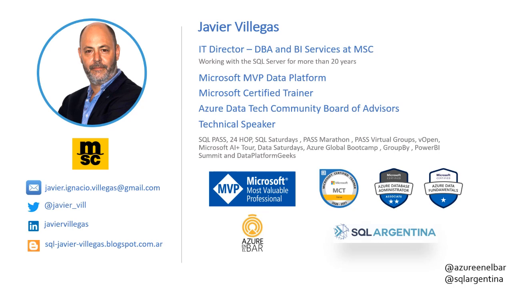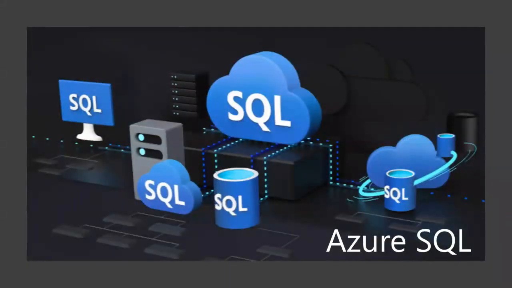So let's start. Let's define first what Azure SQL is. This is the new umbrella that Microsoft has put on as the new SQL Server foundation, which includes multiple products and services. One of them is SQL Server running on virtual machines.